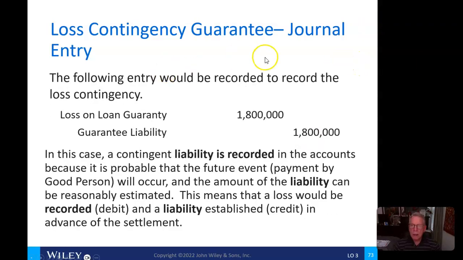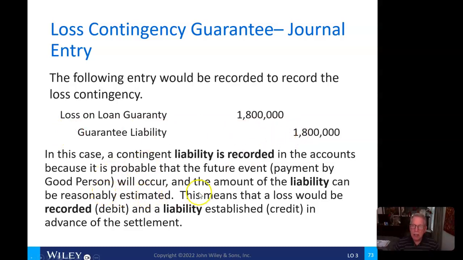All right, we're going to record that because this is both probable and estimable. So we'll debit loss on the loan guarantee and credit a guarantee liability of $1.8 million.